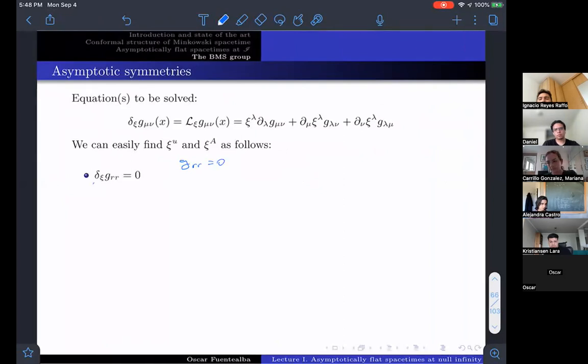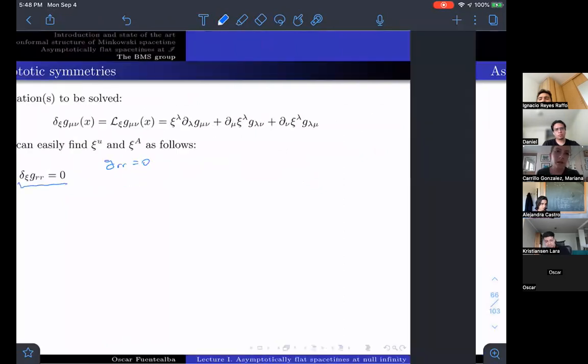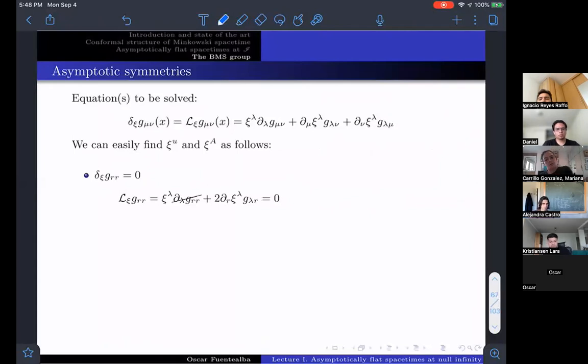This means that the variation of g_rr must be equal to 0, which is a Lie derivative. But we know that g_rr is equal to 0, so this term is 0, and the only thing that we have is this one. But we also knew that this was equal to 0. So the only component that is surviving here is lambda equal to mu.